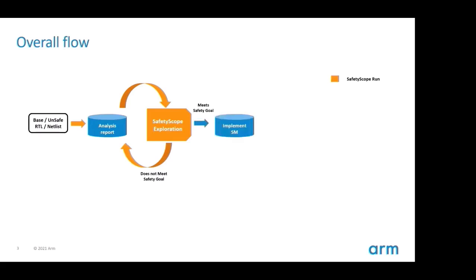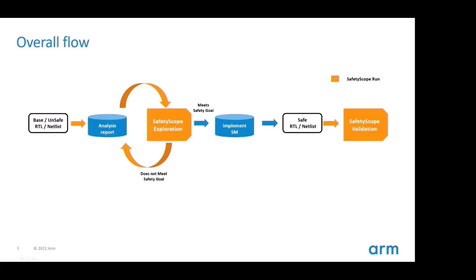Otherwise, we refine and try different safety mechanisms. This process continues until we decide on the safety mechanism we want to implement, and then we generate a safe design, RTL or netlist. Then we rerun Citivscope again to check our metric and compare with the previous prediction in the other orange box.